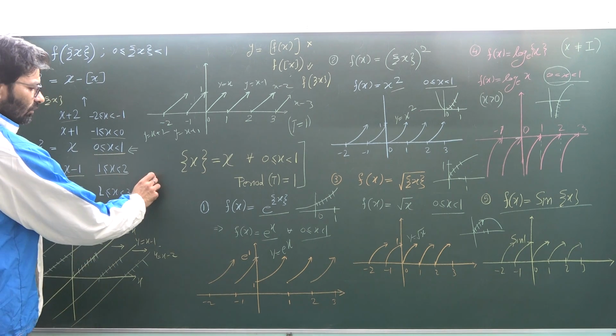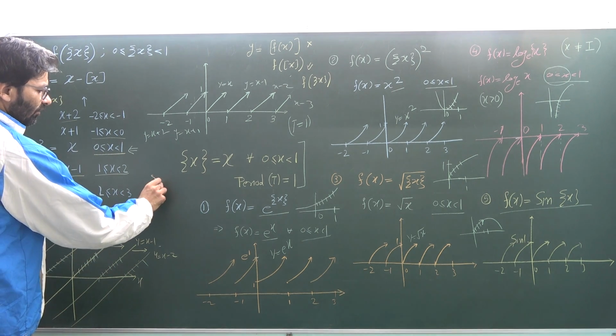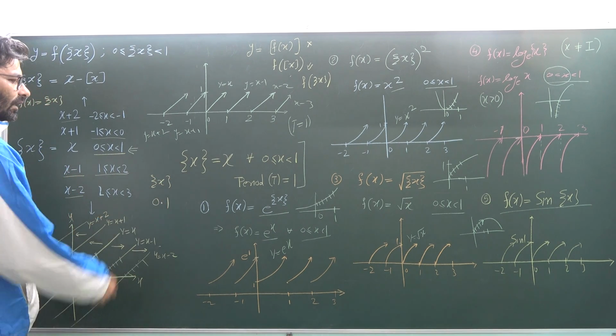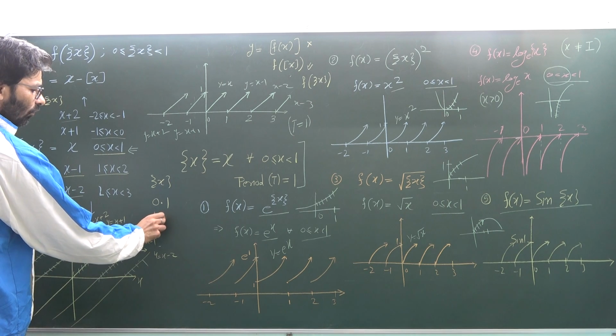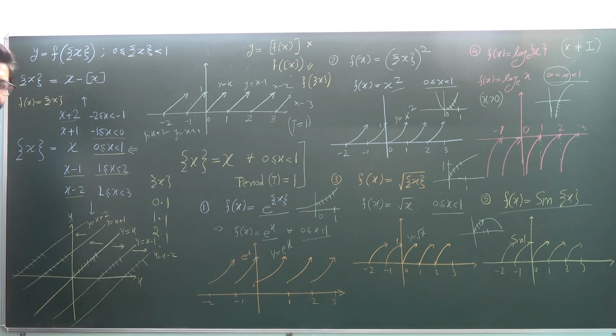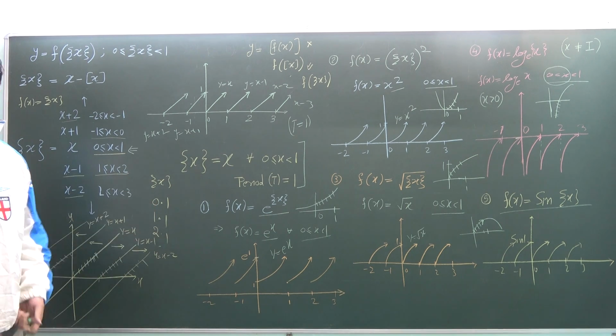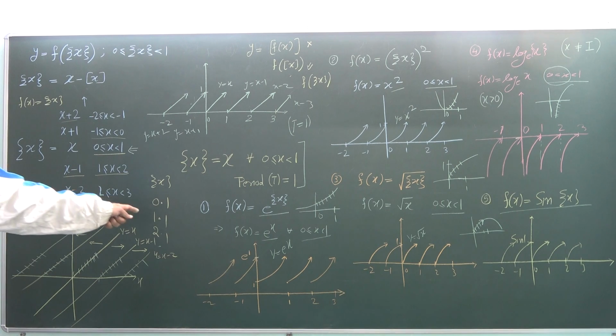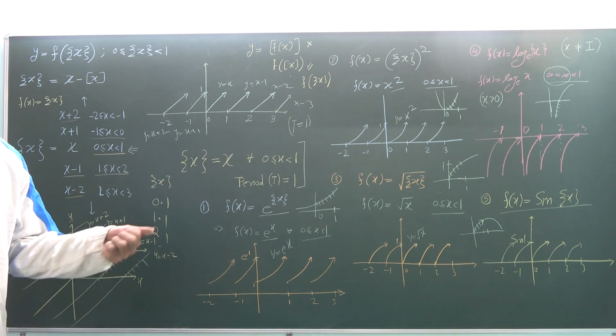Suppose x equals this fractional part of x. If you put x equals 0.1, the output is 0.1. If you put 1.1, the output is 0.1. 2.1, the output is 0.1. Because simply you are excluding the greatest integer part of it, and that is being increased by exactly 1. Okay, done.